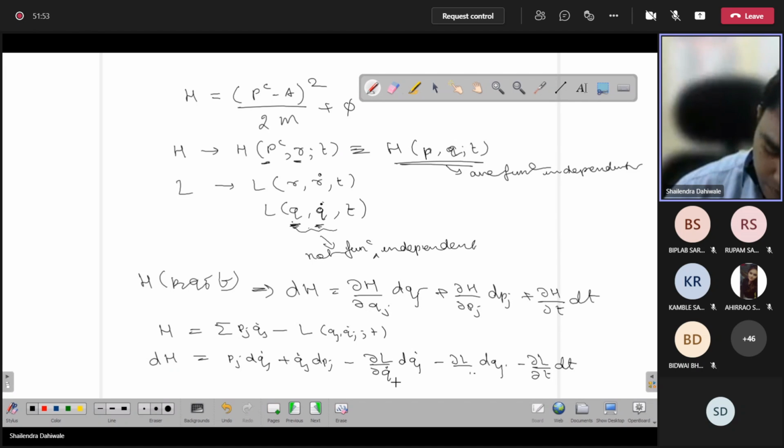From our Lagrange's equation of motion, you know that the canonical momentum del L by del Qj dot is nothing but Pj. So Pj dQj dot and this term cancel. And del L by del Qj is nothing but Pj dot.